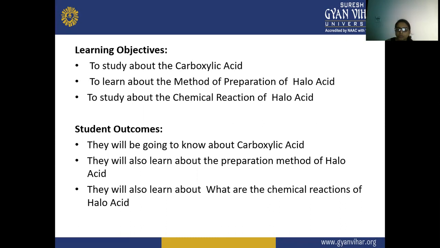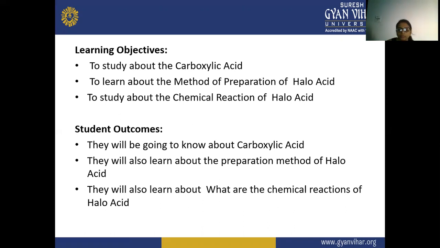The student outcome: they will know about carboxylic acid, its derivatives, the preparation method of halo acids, and the chemical reactions of these halo acids. Halo acid generally means halo and acid. Halo means halogens. When the halogens are present on the carboxylic acid, that forms halo acids.